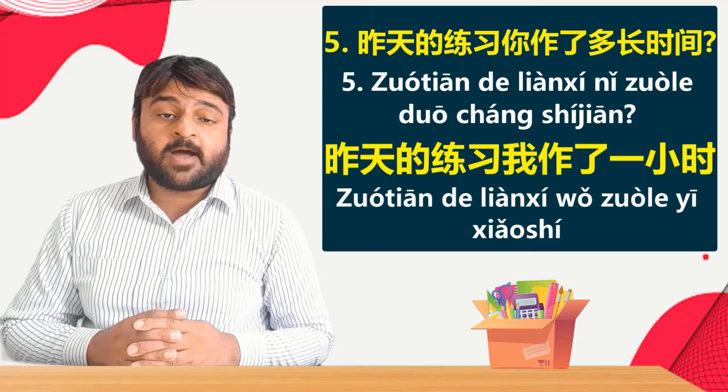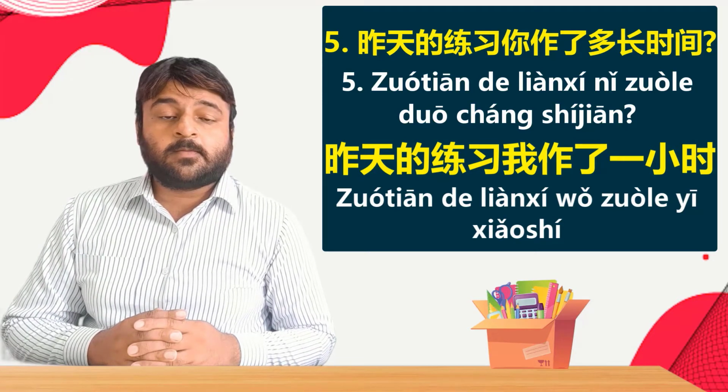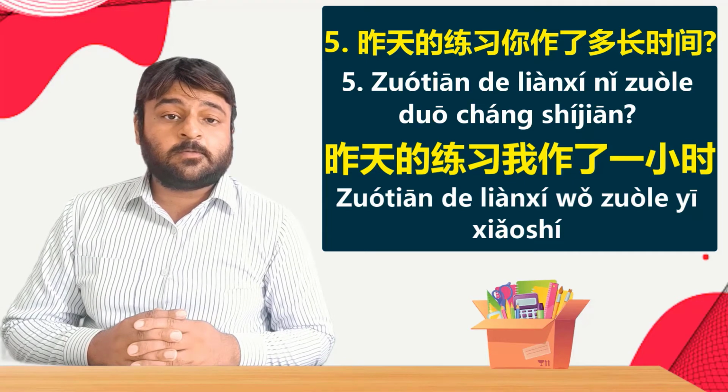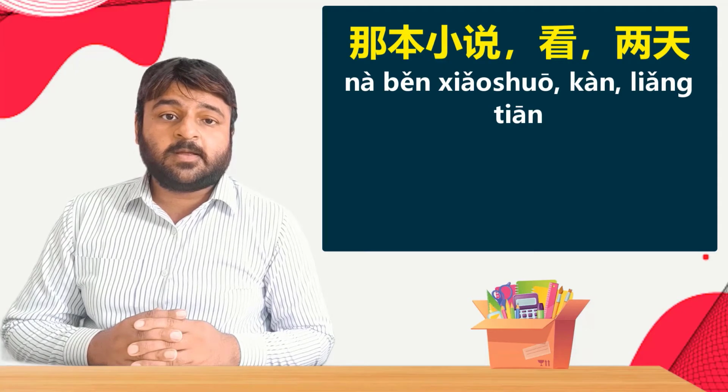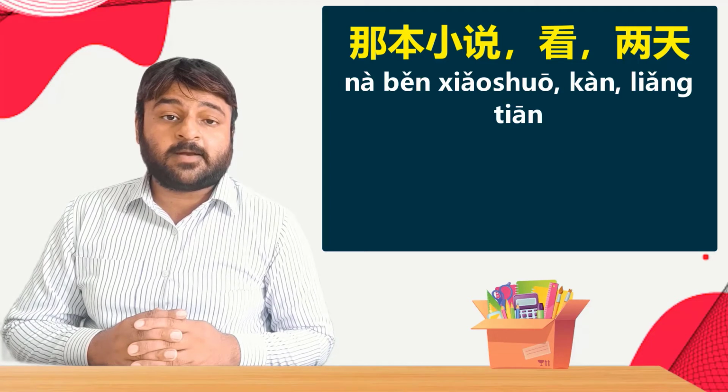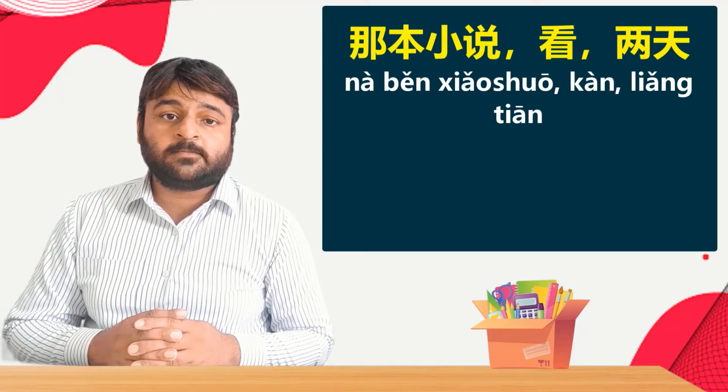Yesterday's exercise I did for 1 hour. Moving on to the box to make suitable replacements for the underlined words. 那本小说, that novel. 看, to see. 2天, 2 days. How long did you read that novel? I read that novel for 2 days.